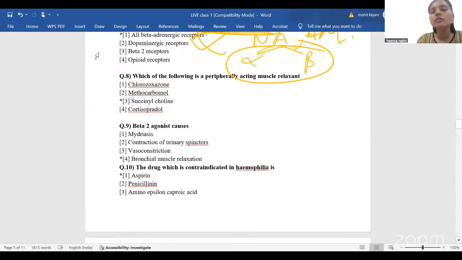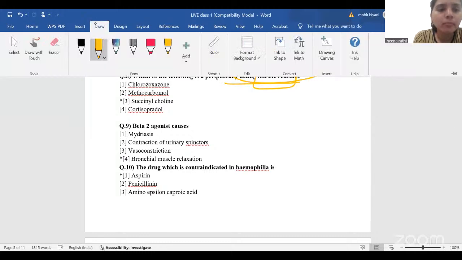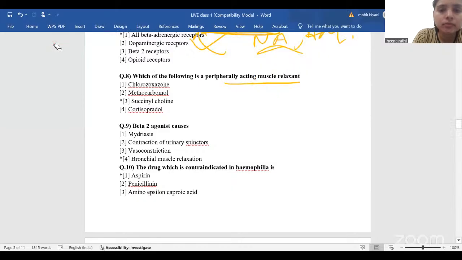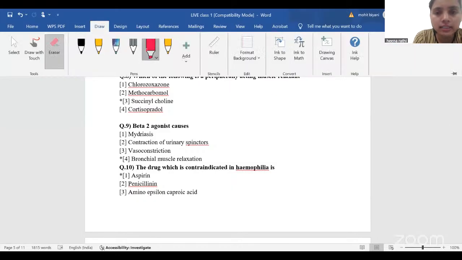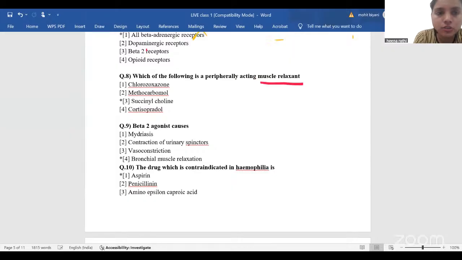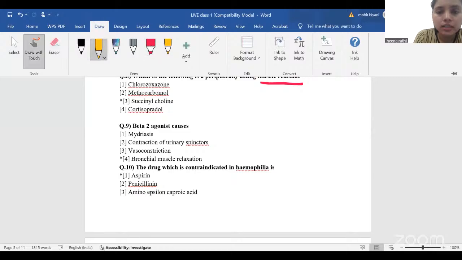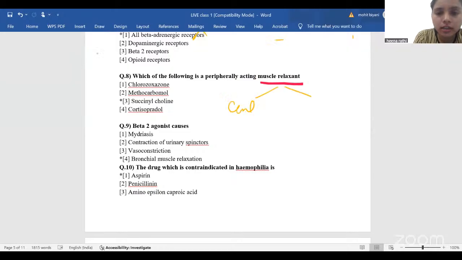Next question is the peripherally acting skeletal muscle relaxant. As we have seen, these muscle relaxants are of two types, centrally acting and peripherally acting.